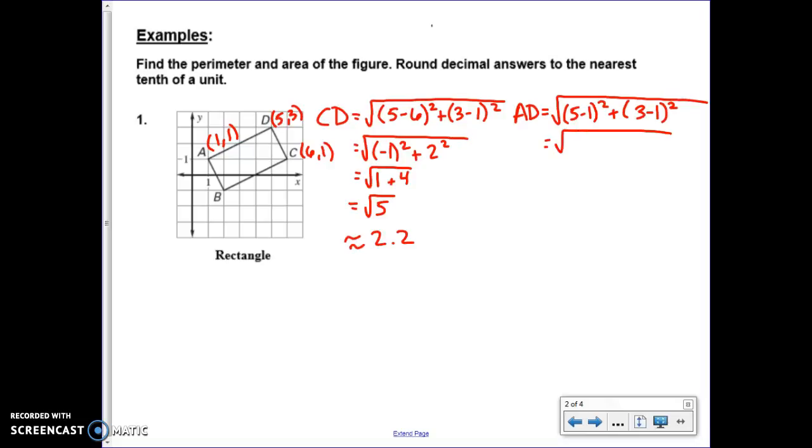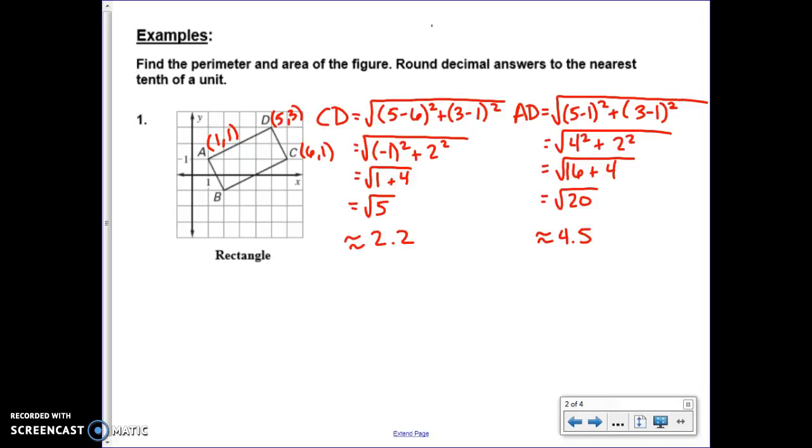So 5 minus 1 is 4, and then 3 minus 1 is 2. So 4 squared is 16, 2 squared is 4. I get the square root of 20. And so I could simplify that, but since it's just asking for the decimal answer, I just put it right in the calculator and I get about 4.5.